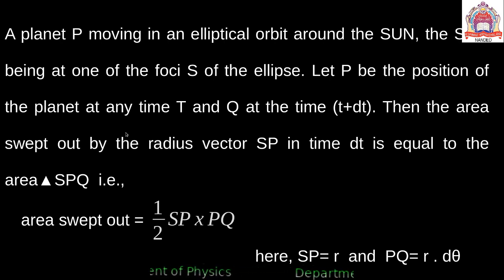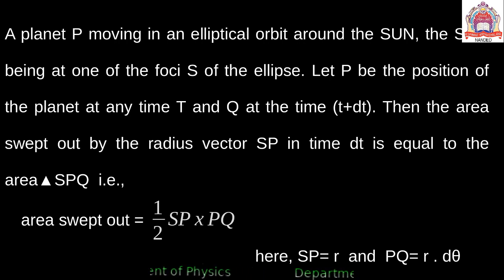As we know, a planet P moves in an elliptical orbit around the sun, being at one of the foci, referred to as S, of the ellipse. P is the initial position of the planet at any time t. Second, we consider the second position Q at time t plus dt.